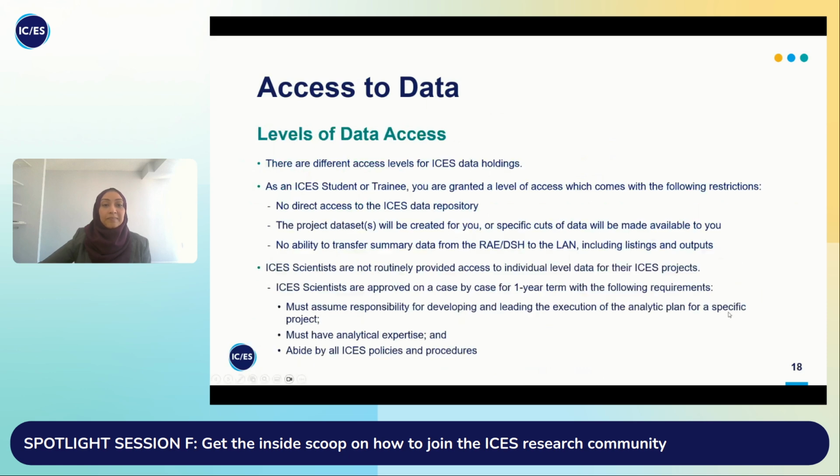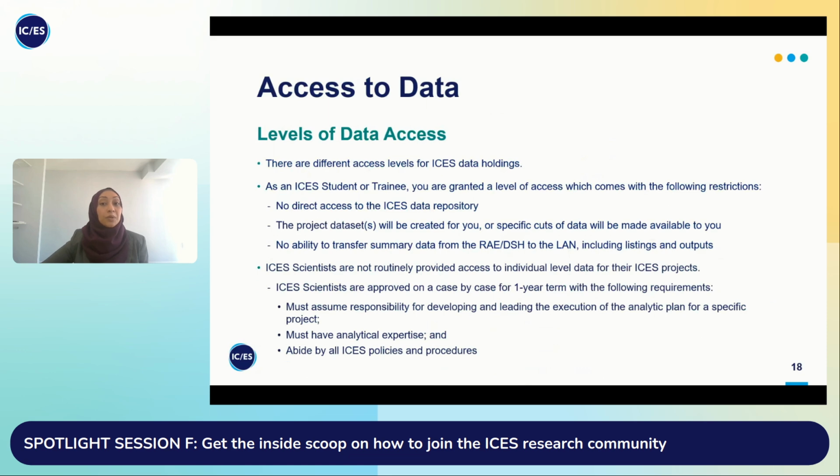Next slide. So ICES has different access levels for ICES data holdings and are based on different roles. And so as an ICES student or trainee, you would have access to a prepared data set or cohort, which would allow you to conduct your own analysis. And so this means you wouldn't have direct access to the data repository. Instead, you would work with the analyst who would pull the data for you.